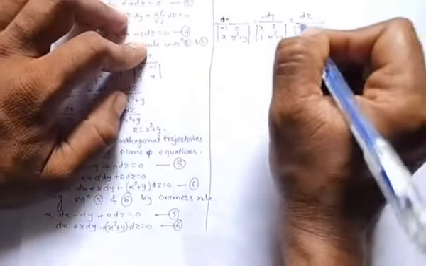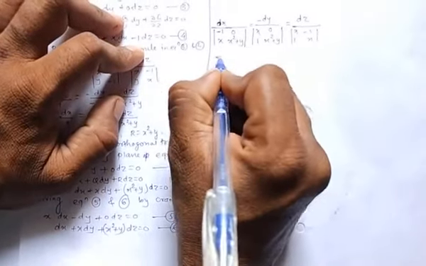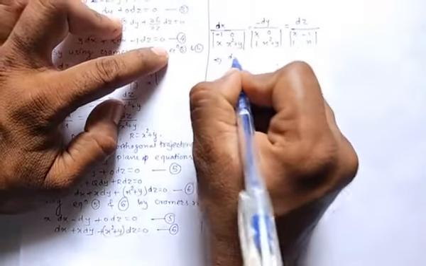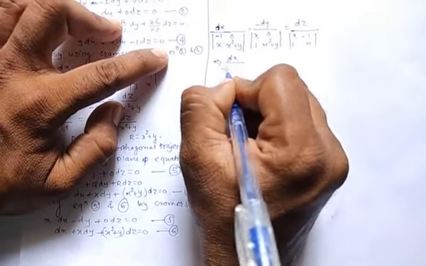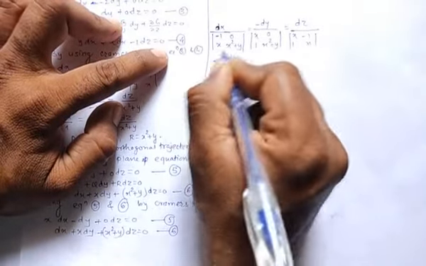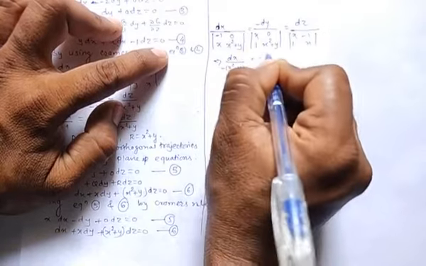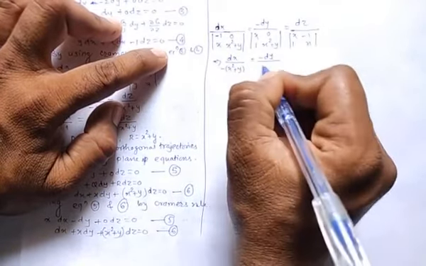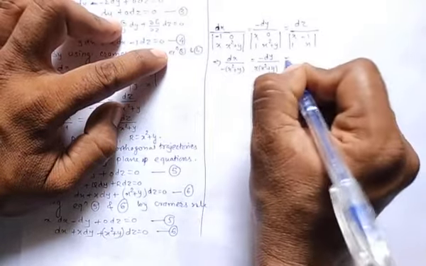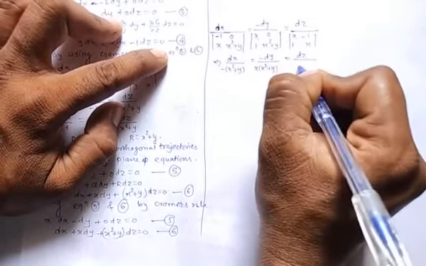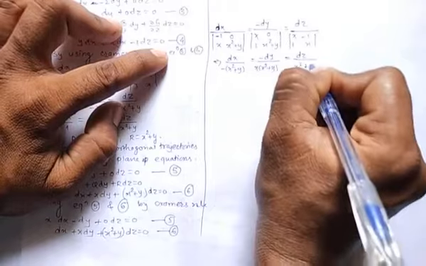After solving by taking determinants, we have dx upon minus (x square plus y) minus 0, equal to minus dy upon x into (x square plus y) minus 0, and last dz upon x square plus 1.